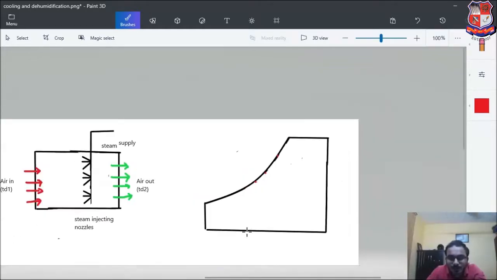So as it is heating and humidification, we can draw a line of positive slope.